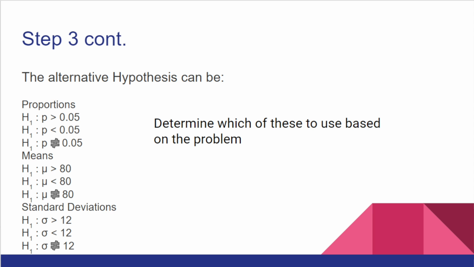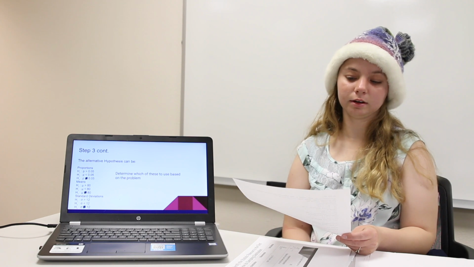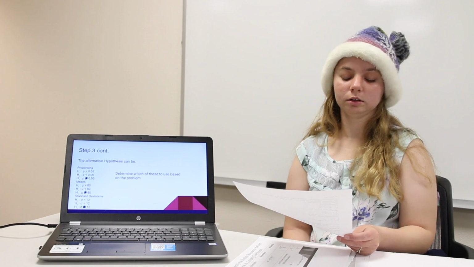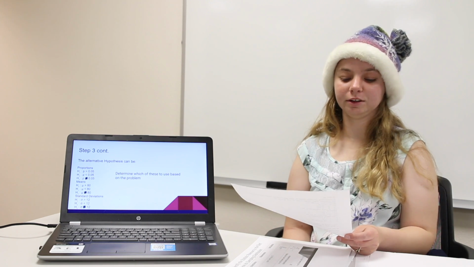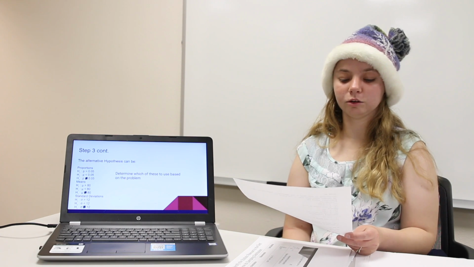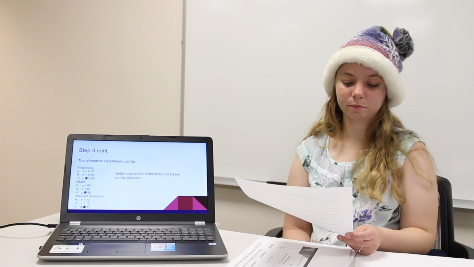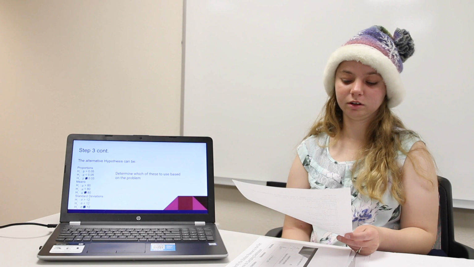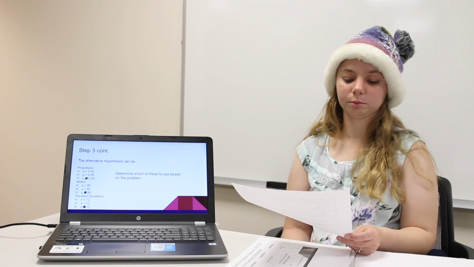For means, it'd be H1: mu greater than 80, H1: mu less than 80, and H1: mu not equal to 80. And for standard deviation, it would be H1: sigma greater than 12, H1: sigma less than 12, and H1: sigma not equal to 12. You need to determine which of these, proportion, mean, or standard deviation, to use based on the problem.